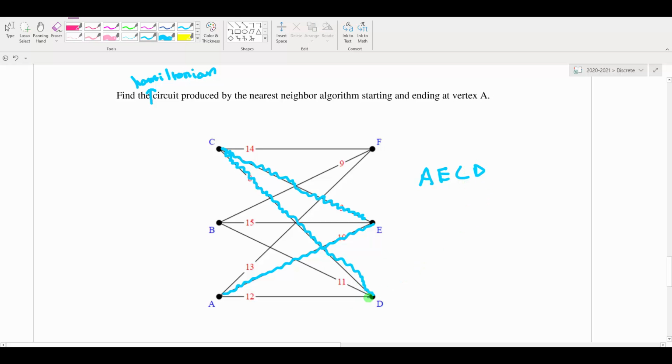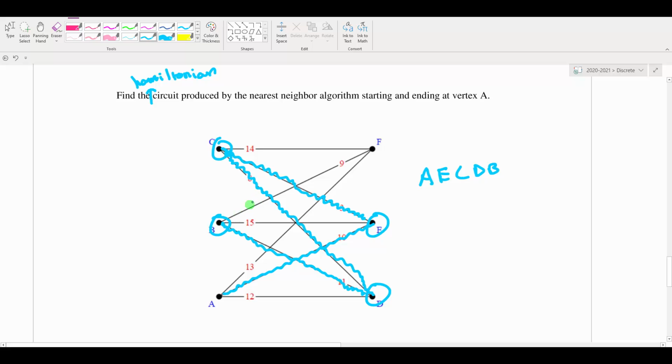travel to D, and then once I'm at D, my options are 11 and 12, so 11 is the shorter one, so I've got to take 11 over to B. And you might want to take stock of, like, hey, we've visited this vertex, this vertex, and this vertex. So there's only one vertex left, right? Because I have options.